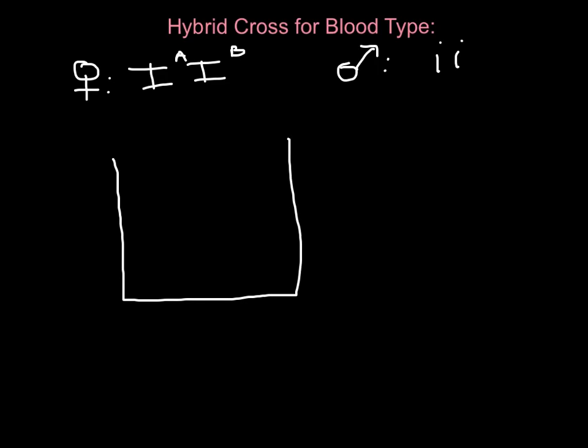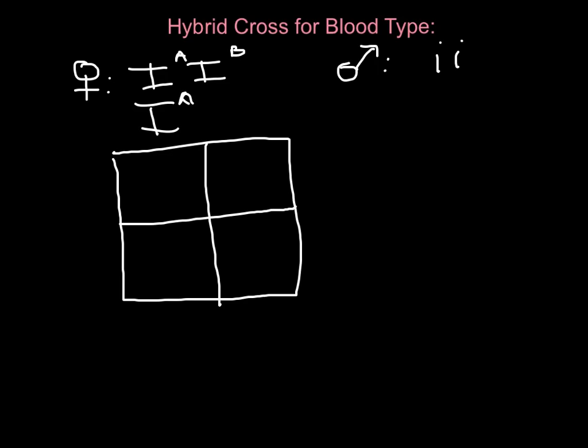I'm going to make 4 sections. So I'm going to put the mom on the top. So big I to the A. Oh, that's not an A. Big I to the B, and then little i, little i. If you don't know what a Punnett square is, you just put them together for the boxes that correspond with them.